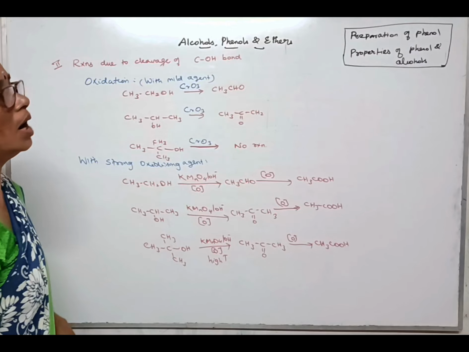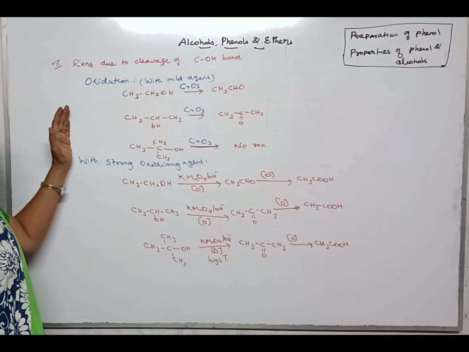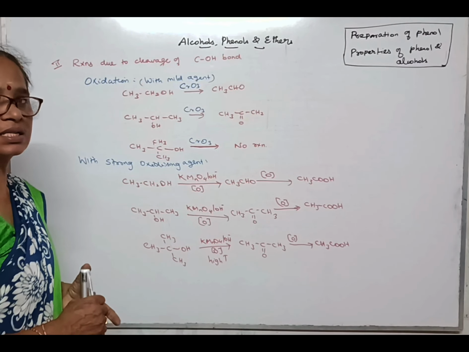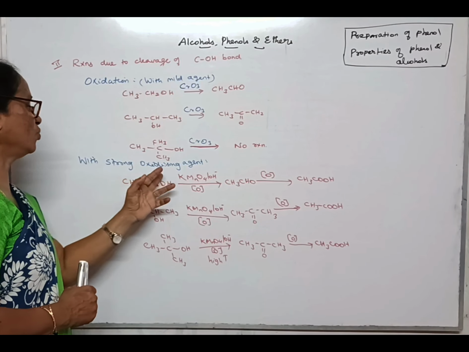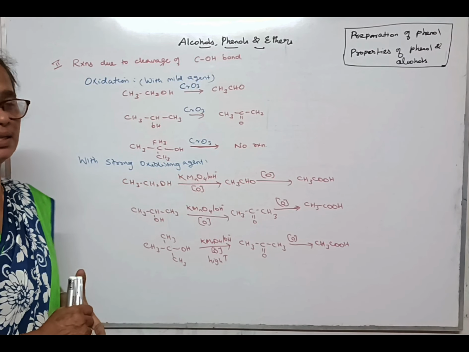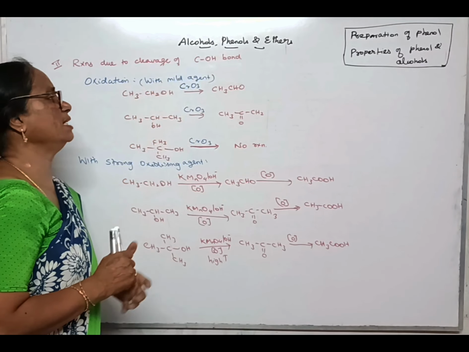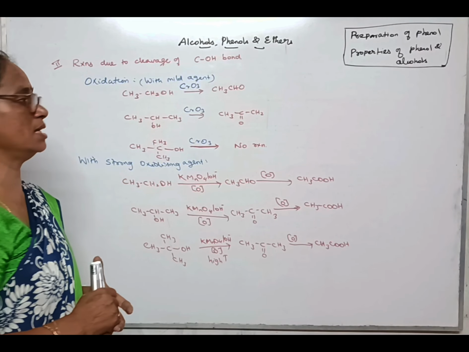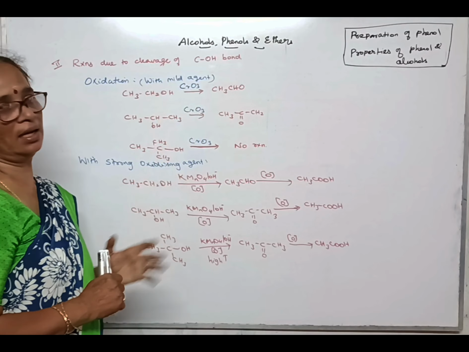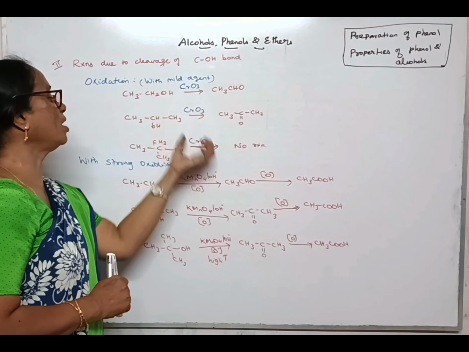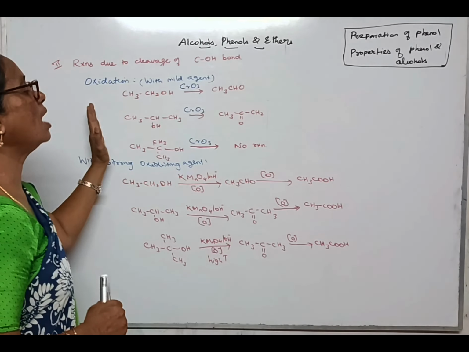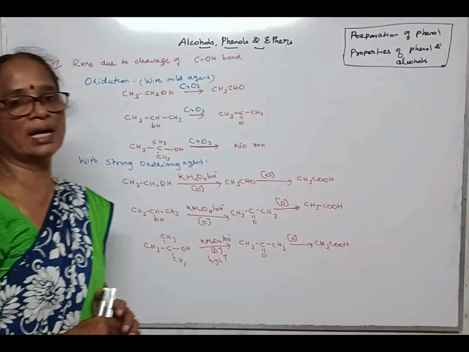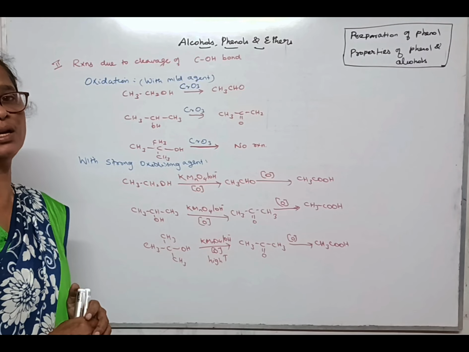Oxidation of alcohols. Alcohols readily undergo oxidation with mild oxidizing agents as well as with strong oxidizing agents. The mild oxidizing agents are chromic acid or chromic oxide and so on. With chromic oxide, when we take primary and secondary alcohols, they may oxidize to their corresponding carbonyl compounds.